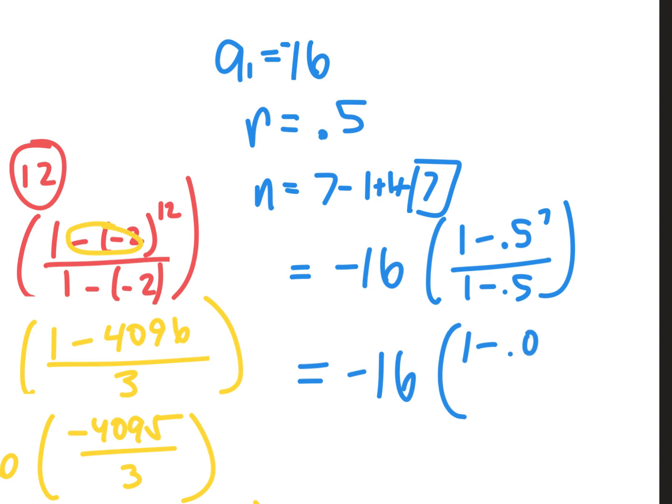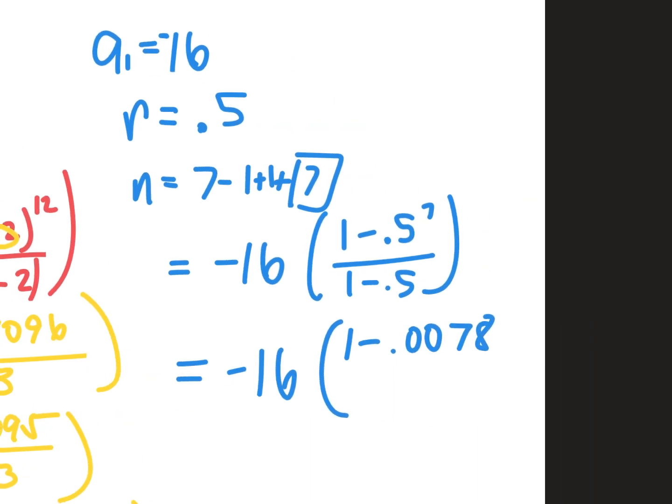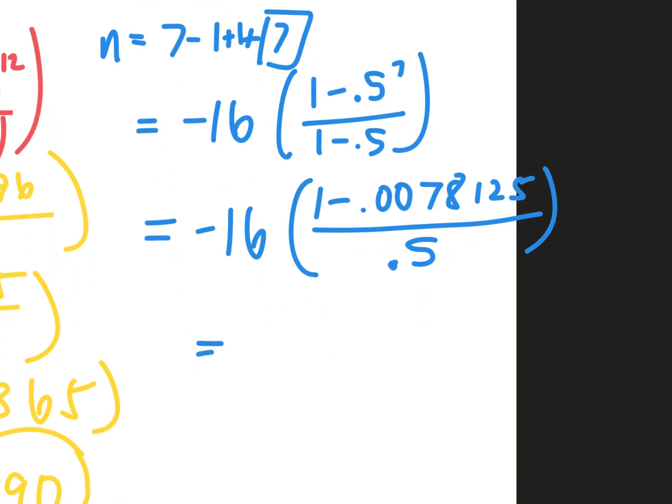Okay, so 0.0078125, God bless, over, what's 1 minus 0.5? One minus 0.5. Do it in your calculator. All right, so let's keep simplifying. Negative 16, and then my numerator, I have 1 minus 0.0078125.